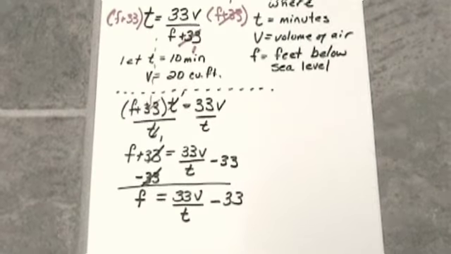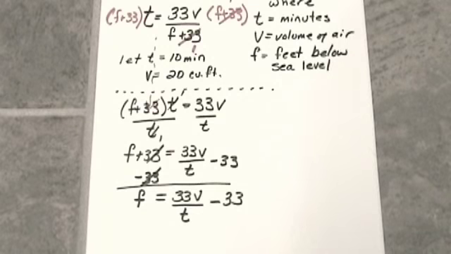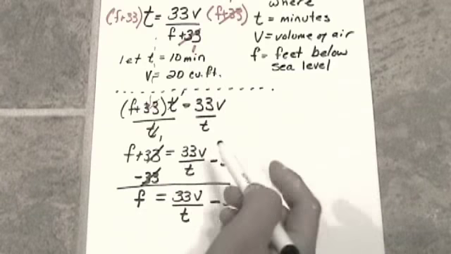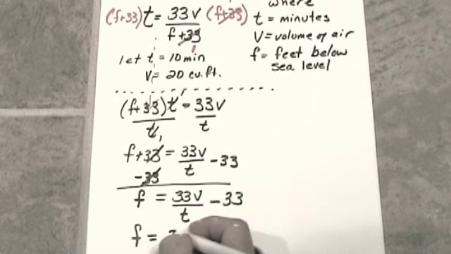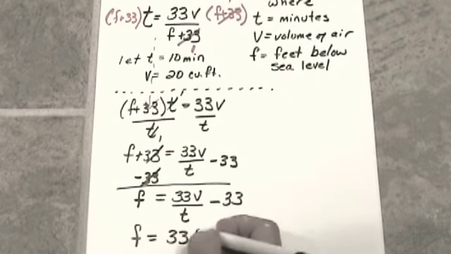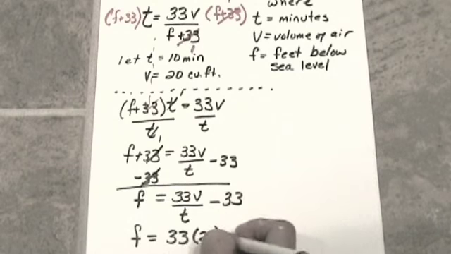All right, so now that we have it rewritten in terms of F, let's go ahead and see how far down this diver can go with 10 minutes underwater and only 20 cubic feet of compressed air. So we'll substitute in the 10 and the 20. So the number of feet down the diver can go is equal to 33 times the volume of the tank, which is 20 cubic feet.